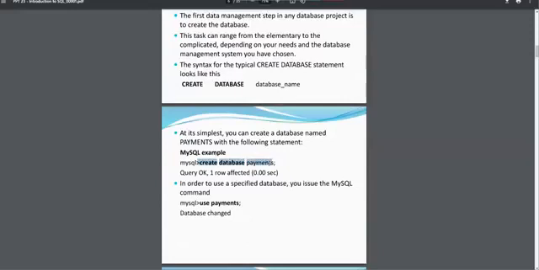A very important thing here: if you need to create a table, there should be a database before that. That is the initial thing you should do. Got that? While you have a database, you can create tables.